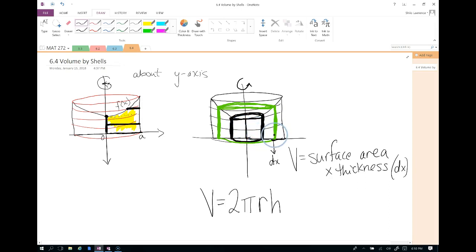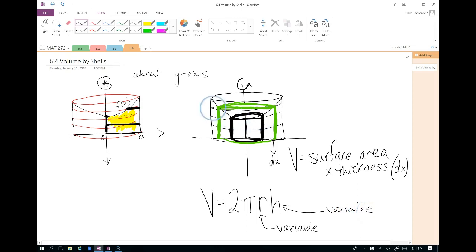The radius on the green cylinder is larger than the radius on the black cylinder. So that's going to be something that has variables. Also, the height of the green cylinder is taller than that on the black cylinder. So the height is also going to have variables.